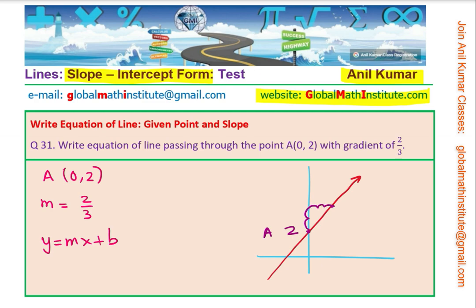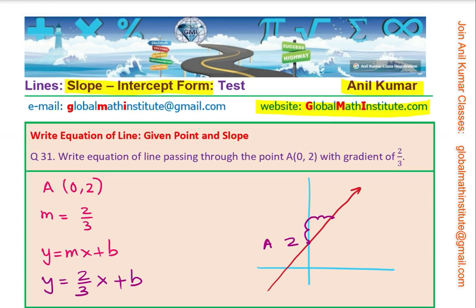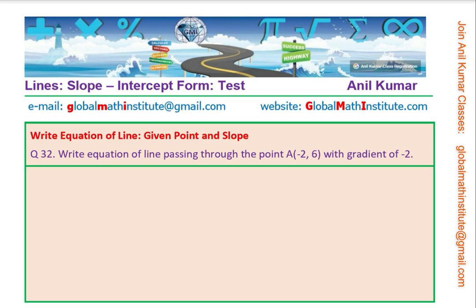So clearly the equation is y equals 2 over 3 x plus 2. Here we are given both the important key parameters to write down the equation. Simple as that.